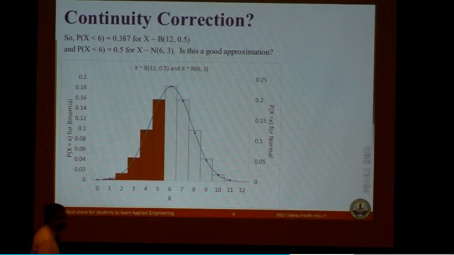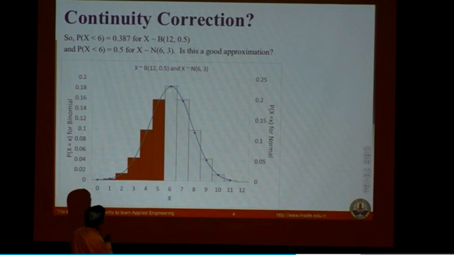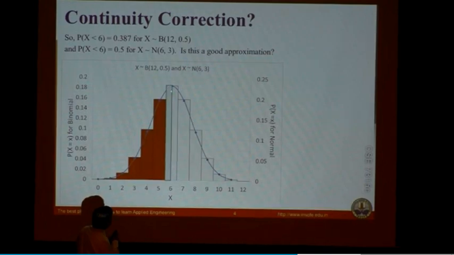Now, when I am getting a normal distribution, the same x less than or equal to 6. In normal distribution, the equal sign has no meaning. We saw that probability at a particular point is always 0. So, whether you say x less than or equal to 6 or less than 6, it's the same thing. When I am doing less than 6, what happens is, in normal, it's a continuous curve.